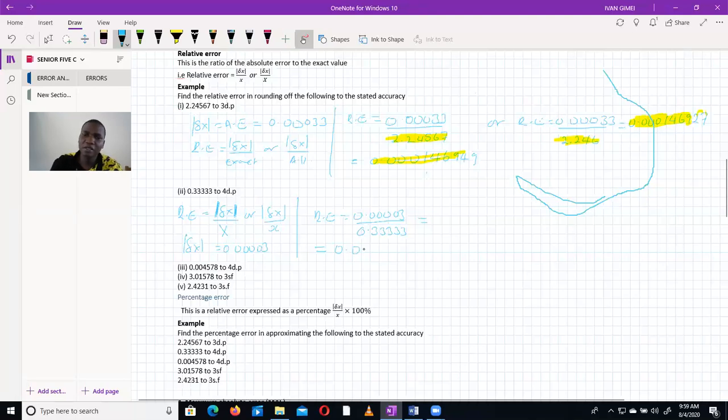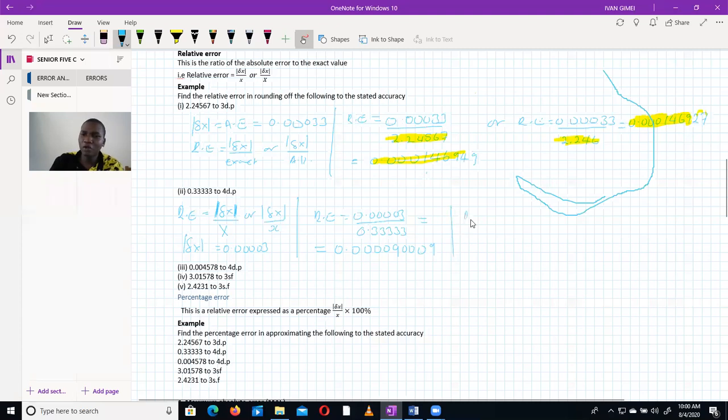How many zeros? 4 zeros after the point, then 9, then 9. Okay, that's exactly how you've rounded off. The full thing is 0.00009000900009, like that. Okay, that's all of it.